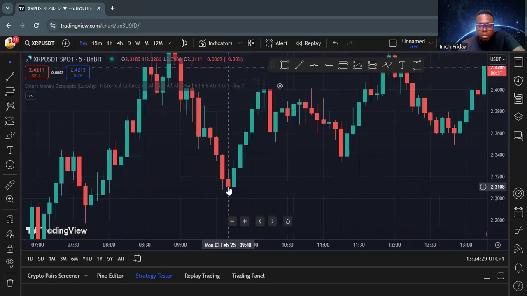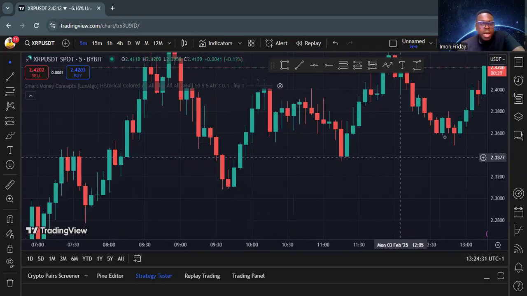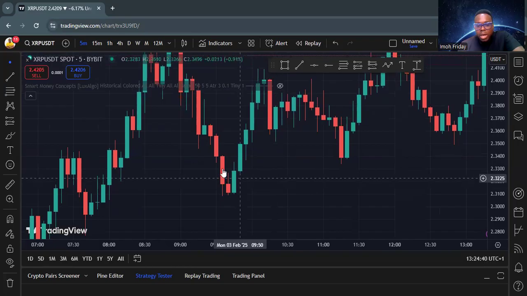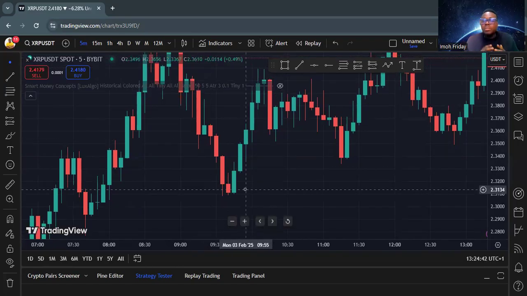If you remember my previous video on market structure, BOS is a break of structure, or BMS, break of market structure. So this bullish order block simply says that it is the last bear candle before an impulsive bullish candle to the upside, which breaks market structure.